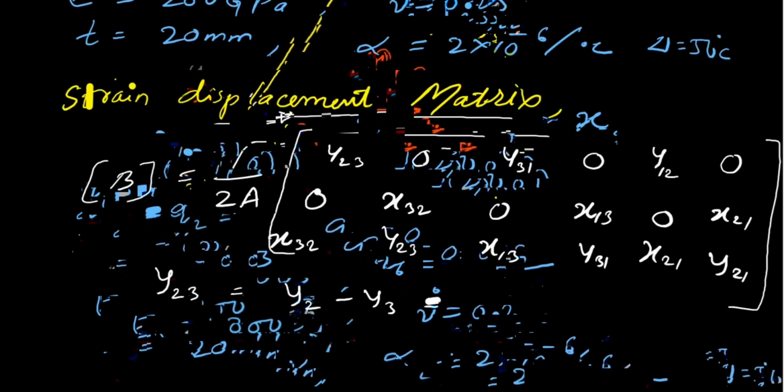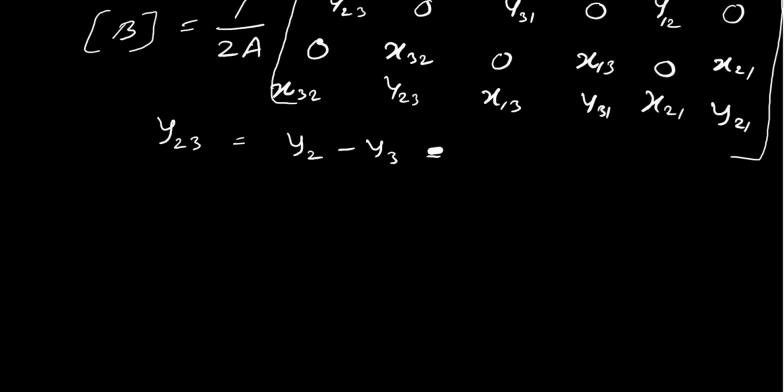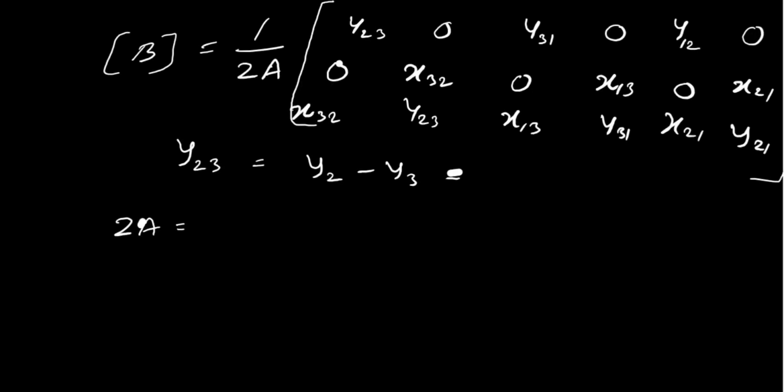So first 2A. 2A means the area for the element. So first we will calculate what the area is.